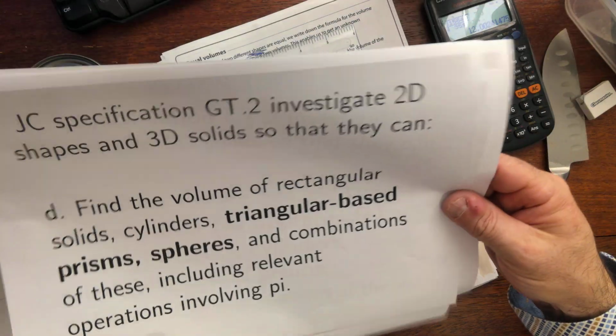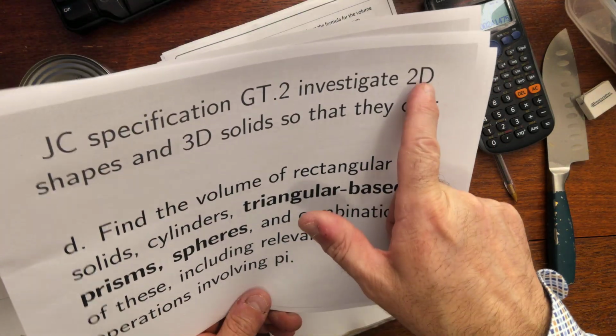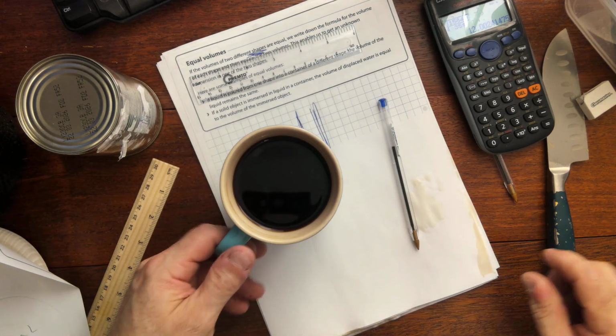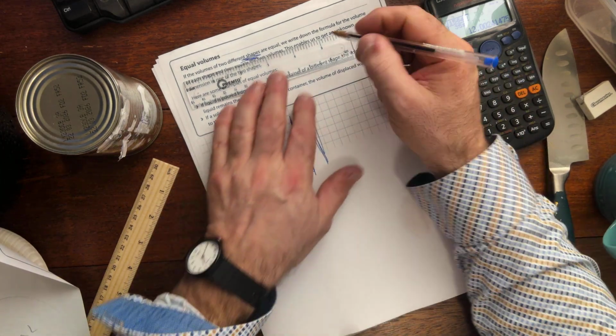That's why I'm upset, because they could have been more careful, like we were when I asked you to take these down. So we talk about 2D shapes and 3D solids. You see, I really take the English really, really seriously.